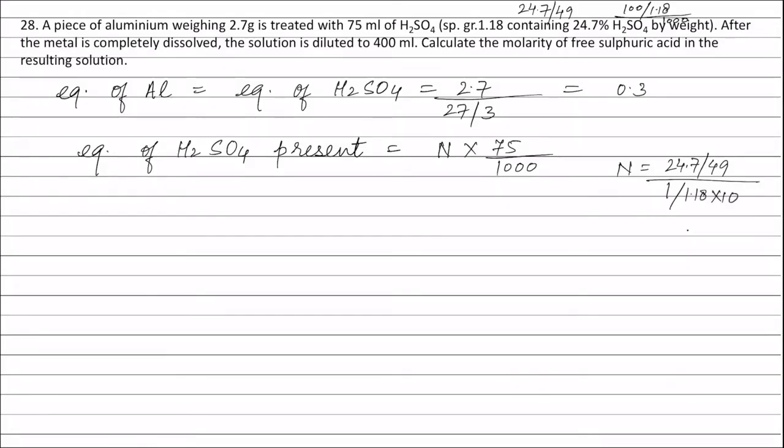Therefore, equivalent of sulfuric acid present is equal to normality of sulfuric acid, that is equal to 24.7 divided by 49 into 1.18 into 10, into volume of sulfuric acid in liters, that is 75 divided by 1000 liters, and this is equal to 0.446 equivalents.